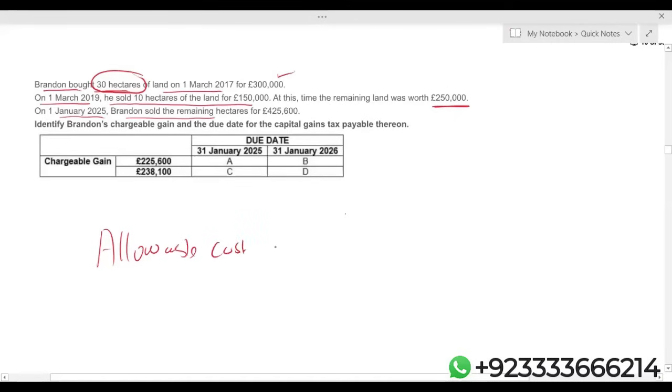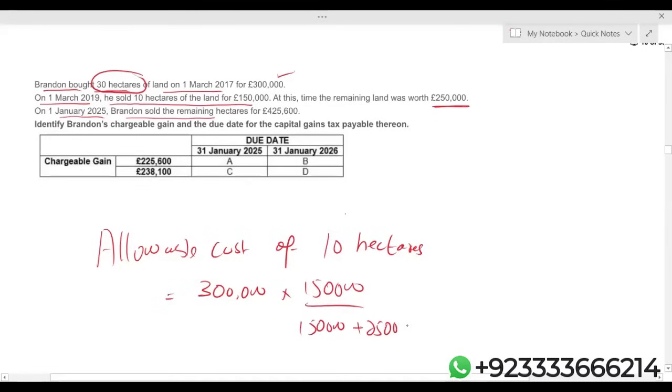Allowable cost of 10 hectares. 300,000. He sold 10 hectares of the land for 150. Sale proceed divided by sale proceed plus market value of the remaining land. So 150 divided by 4 lakh and then into 300,000.